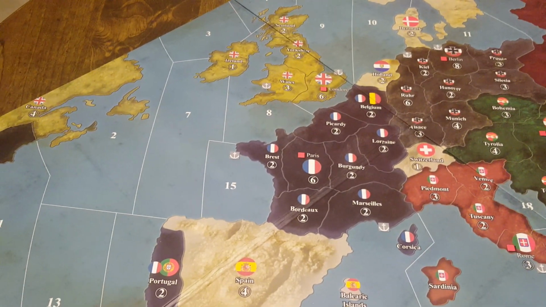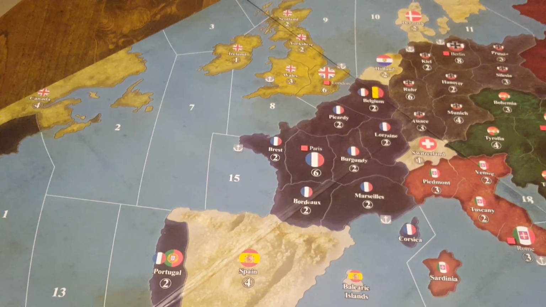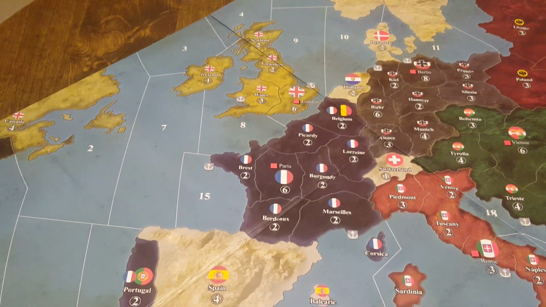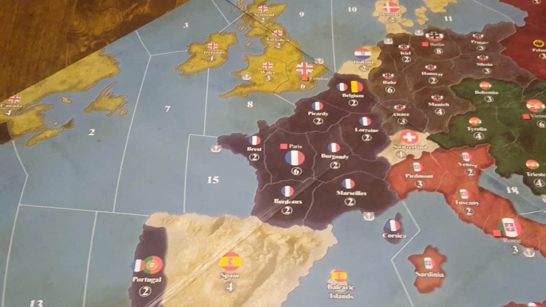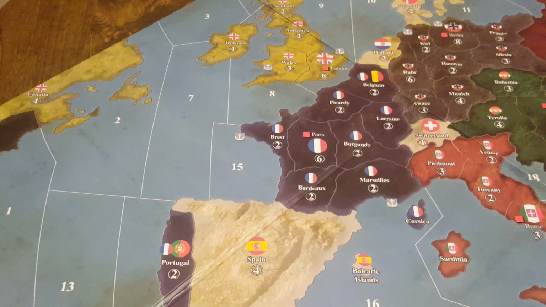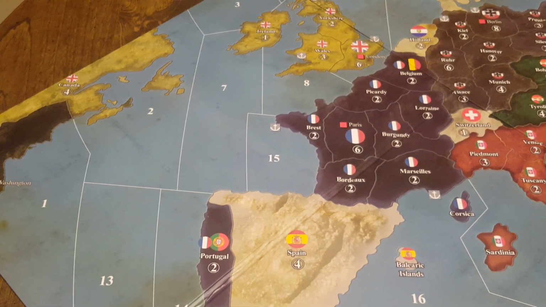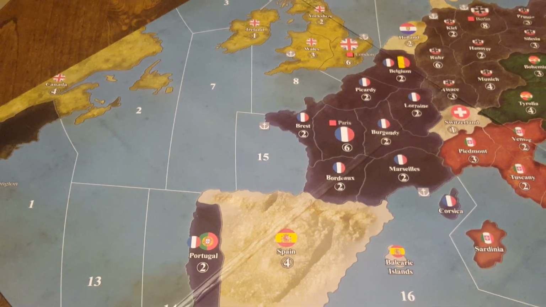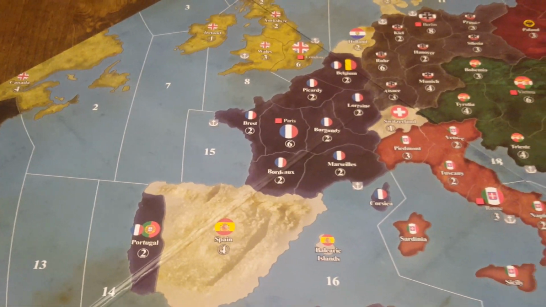Maybe it still has all of them it had on England's turn, maybe a couple of them have been sunk, but you roll for whatever subs you have at that point in those territories.